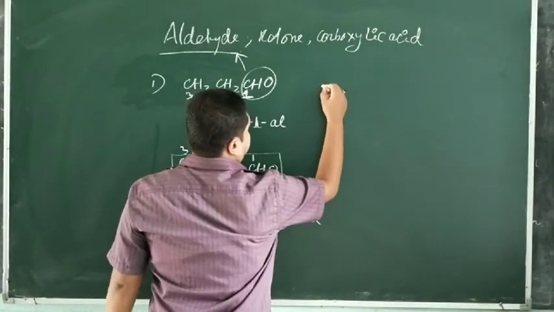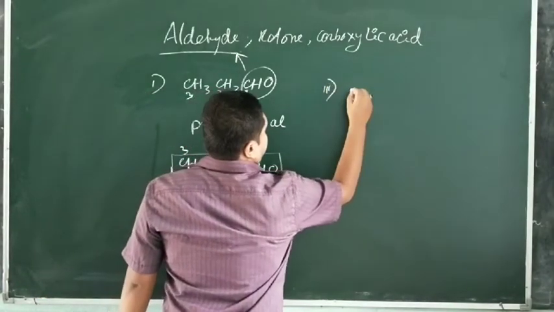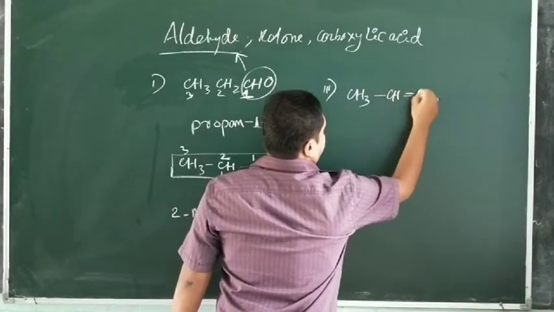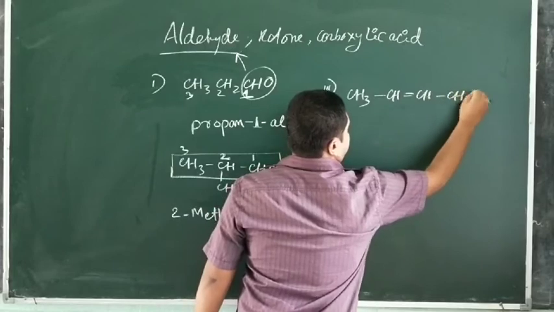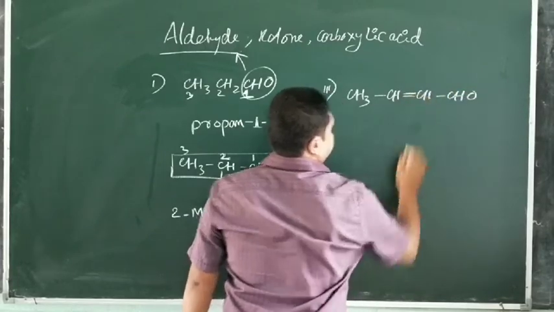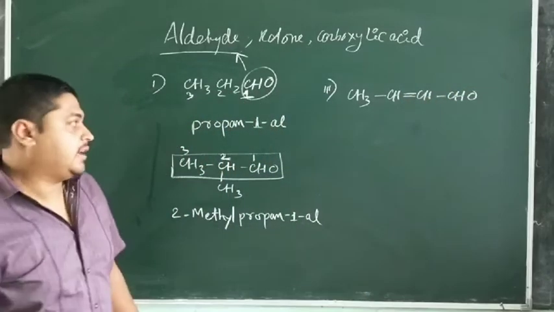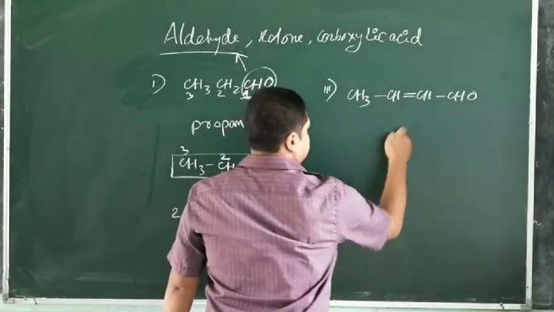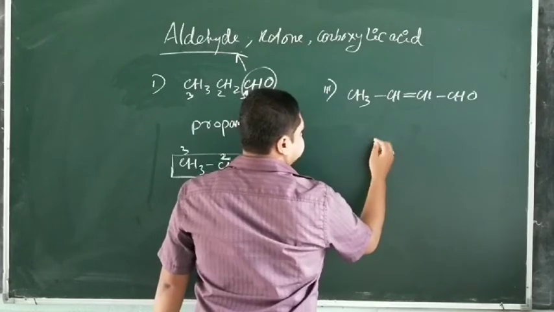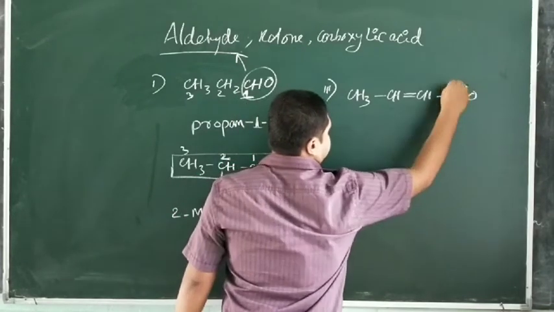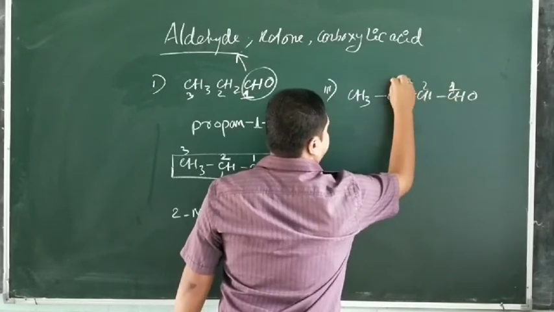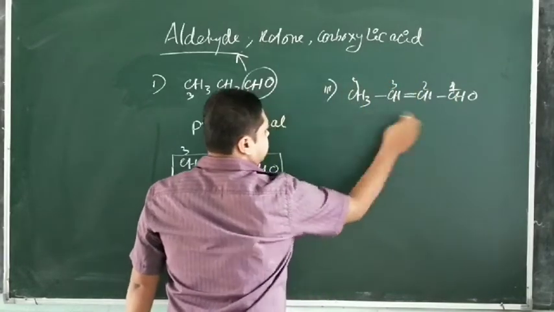Now the next example. This is an unsaturated aldehyde. These are the unsaturated carbon atoms, which is called an alkene, and numbering is from the aldehyde position, 1, 2, 3, 4. So the number of carbon atoms is 4.